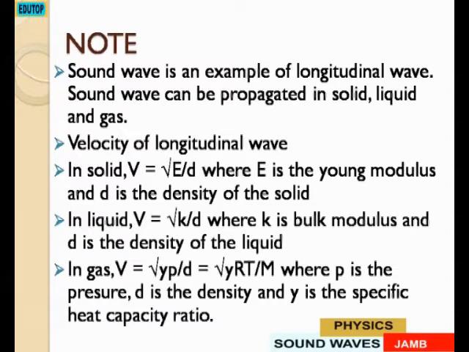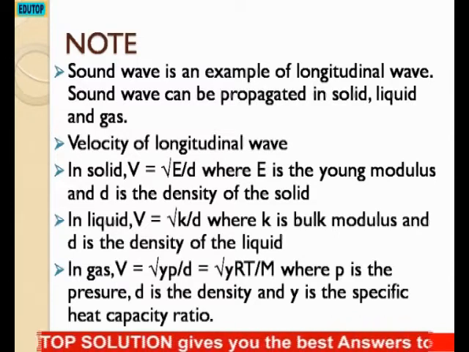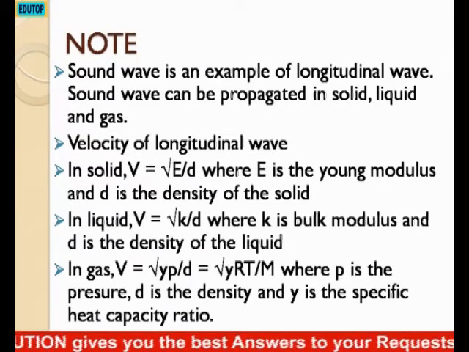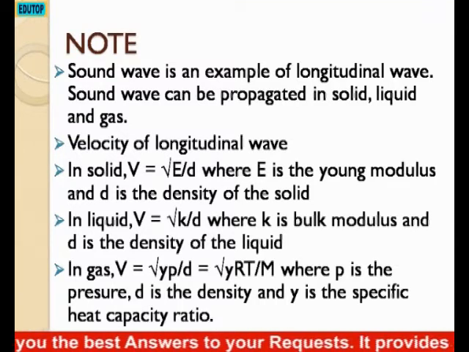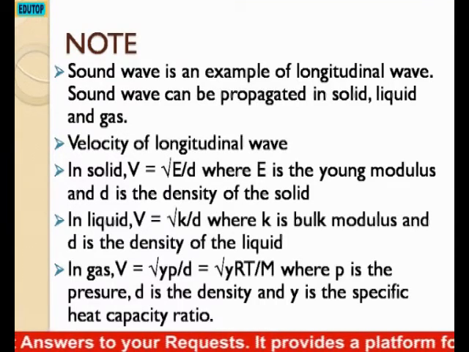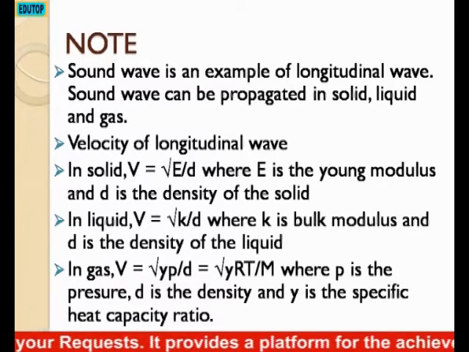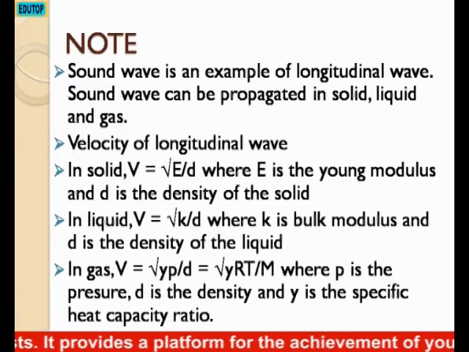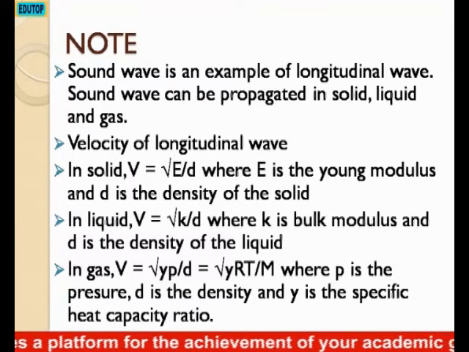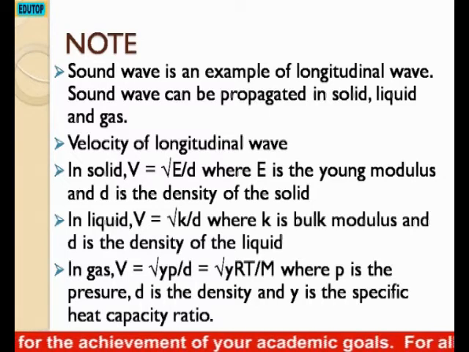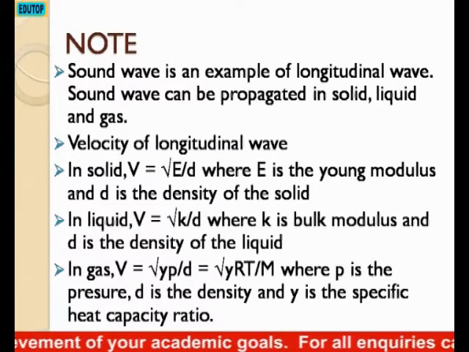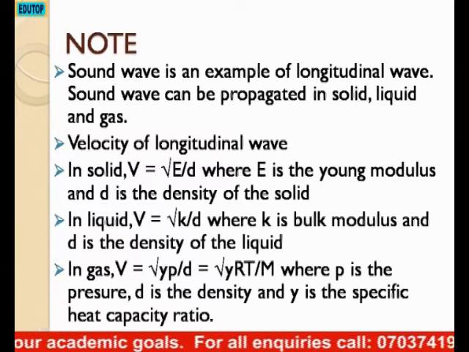In solid, we have this formula for the propagation of longitudinal wave: the velocity is equal to the square root of E over d. Capital E is the Young modulus. The small d is the density of the solid. If you are told to calculate the velocity of a longitudinal wave in a solid, we have this formula.